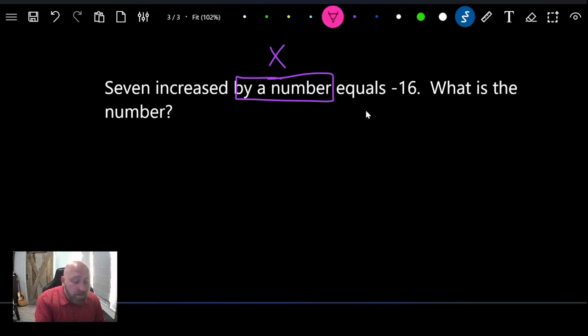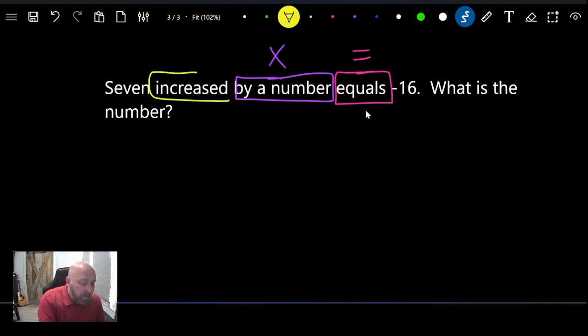Now, when you see a word like equals, that means equals. That's that simple. So there's x, there's equals. Let's look at this word, increased. What does increased mean? That means we're adding to it. So that's going to be an addition sign. And obviously this word means 7 because the word is 7.